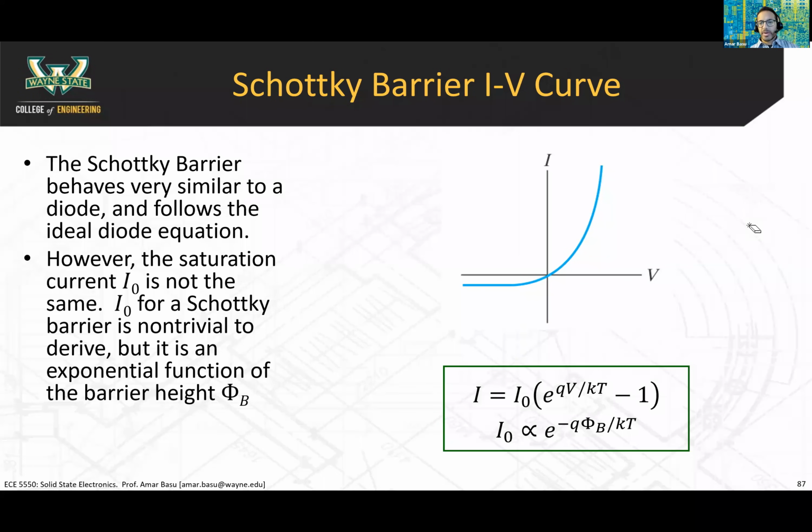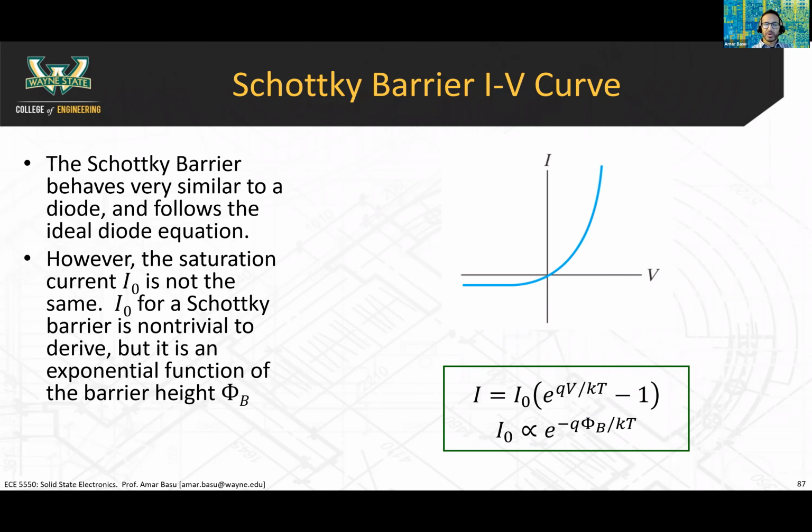Okay, this is the Schottky barrier IV curve. It behaves very much like a diode, and it does follow the ideal diode equation: I equals I0 e to the QV over KT minus 1. The difference is in this I0. Remember, for diodes I0 involved electrons and holes, two parts of that equation, derived a certain way.